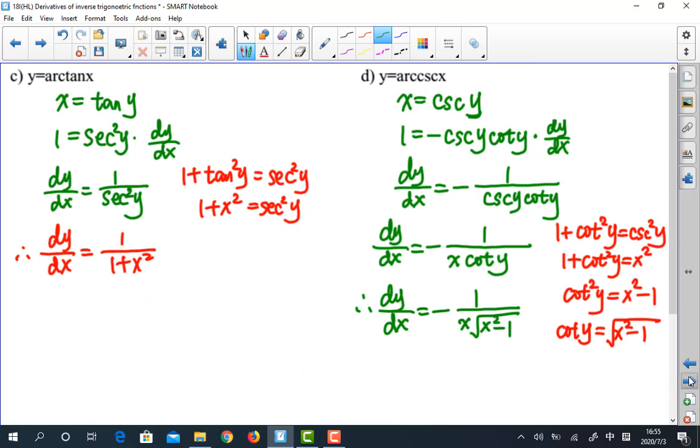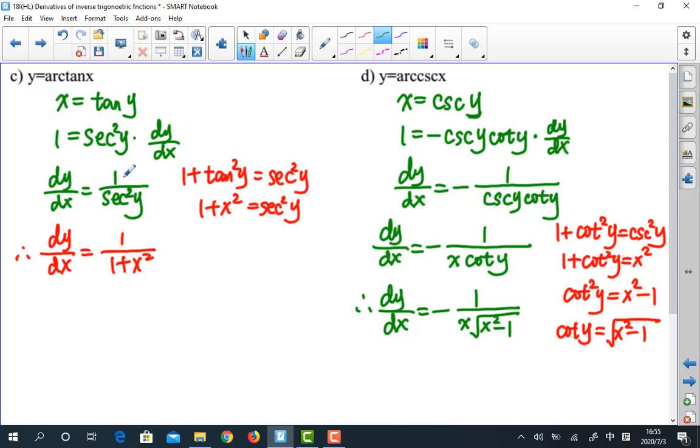So after you got a chance to derive each derivative function in C, D, F yourself, let's check your answer with my answer. C is a regular one. You have to know this one. We do the same thing: x equals tangent y, then dy over dx can be obtained through implicit differentiation.